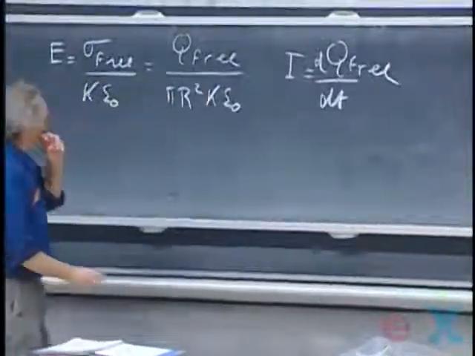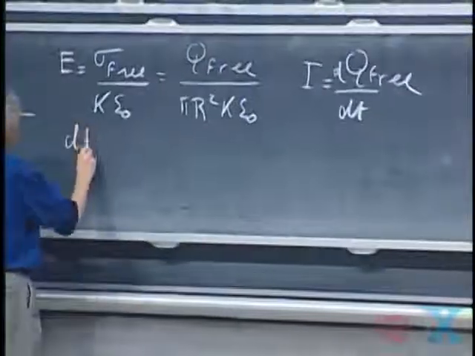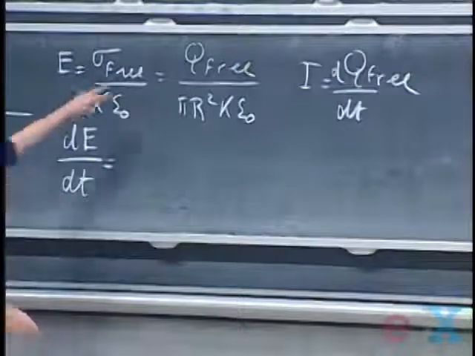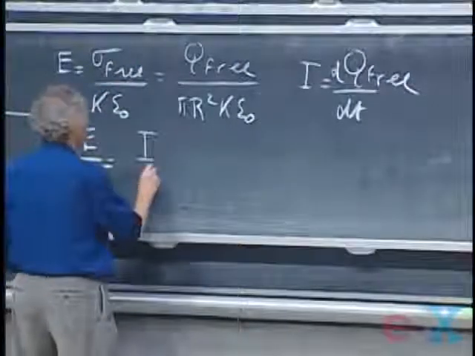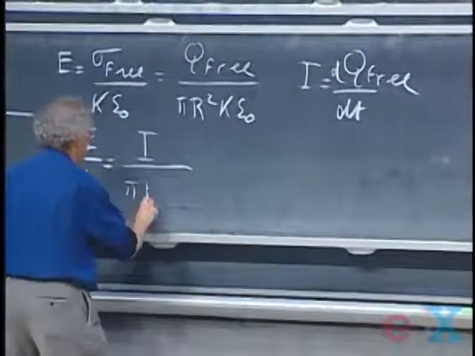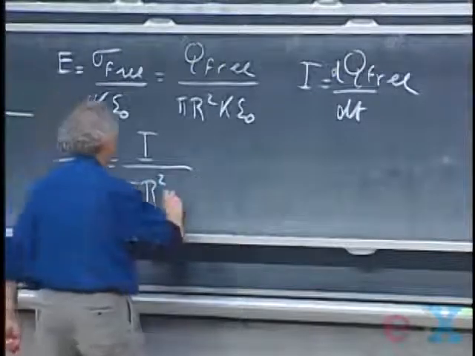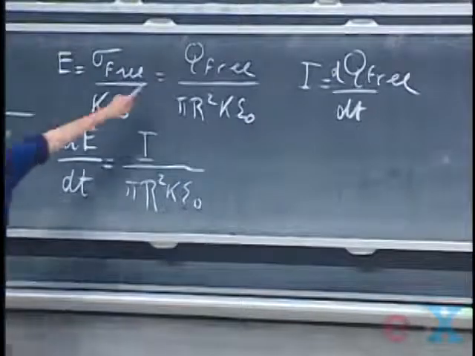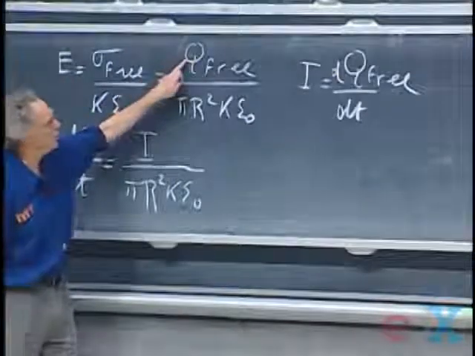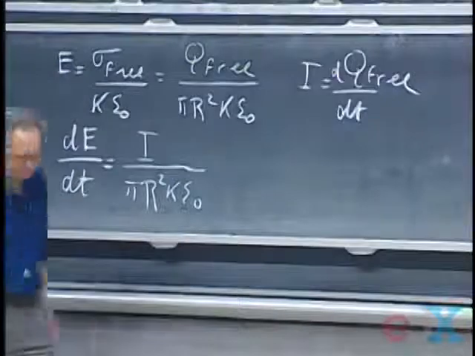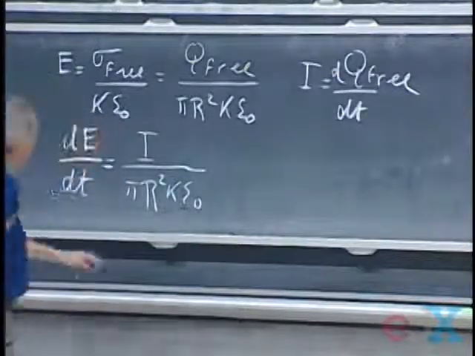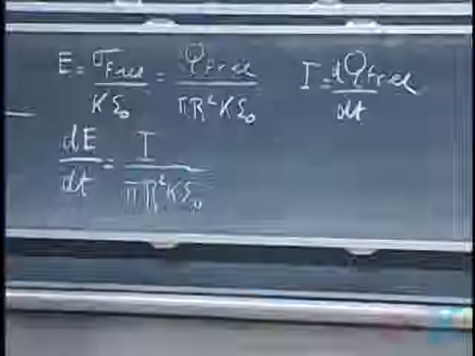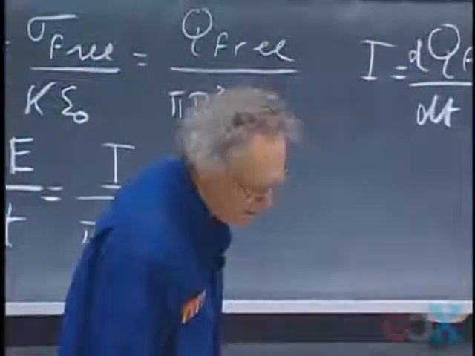And so I now have a changing electric field inside, dE/dt, which is the current I divided by pi R squared kappa epsilon 0. Because I simply take the derivative of this equation, I get dQ/dt, and dQ/dt is I. And only if the current is 0 is there no changing electric field inside.